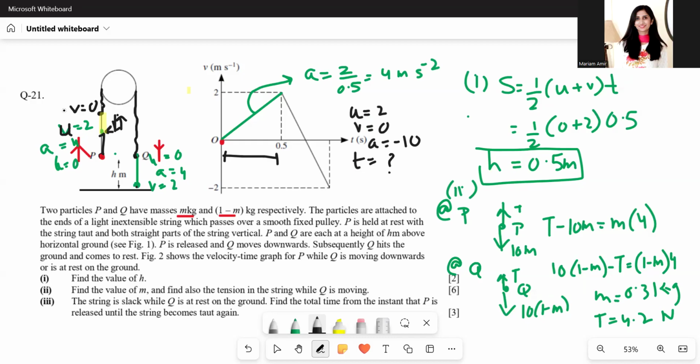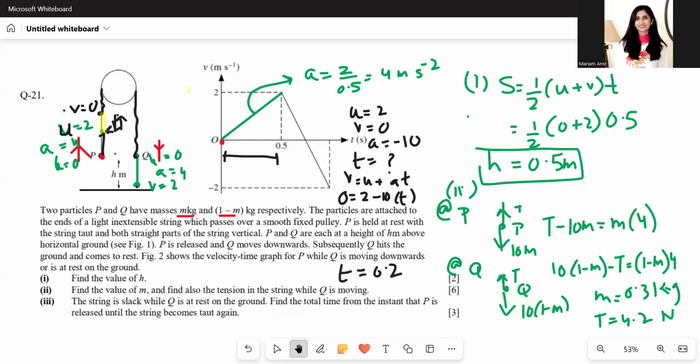Okay, how do we find this? We can use v is equals to u plus at. So 0 is equals to 2 minus 10 times t. T comes out to be 0.2.